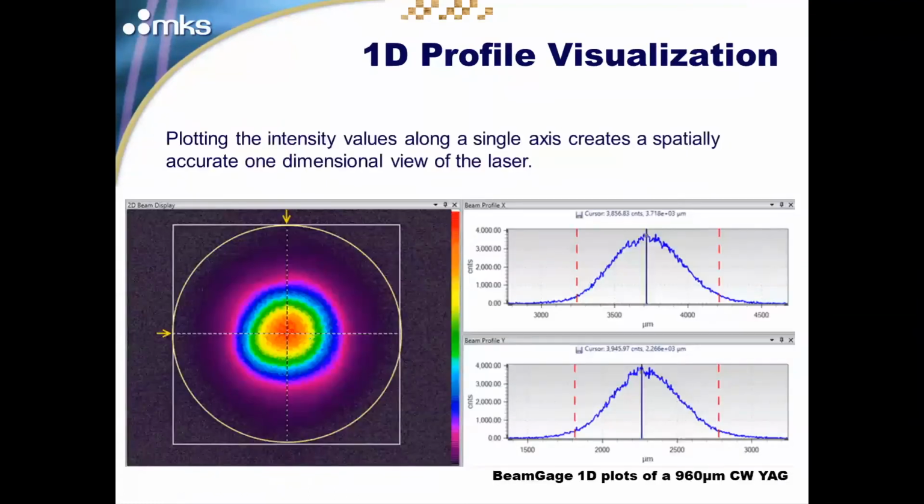So we mentioned the 1D profiles previously. Aside from the 1D overlays in the 2D, you can also just pull up a full 1D beam profile chart for both the X and the Y axes. And so again, what we're looking at is the data along the two cursor lines transposed into their respective charts.